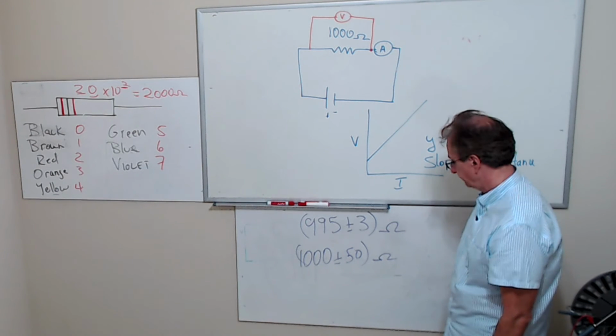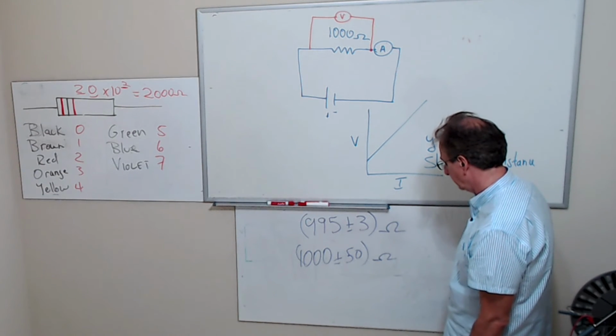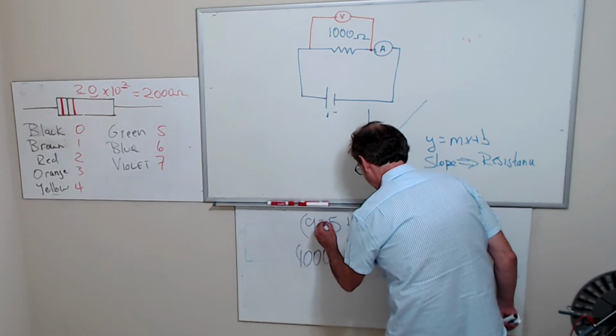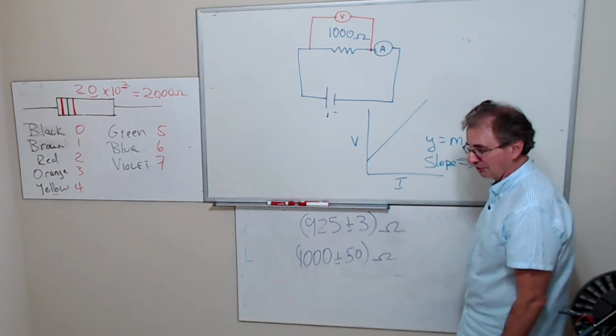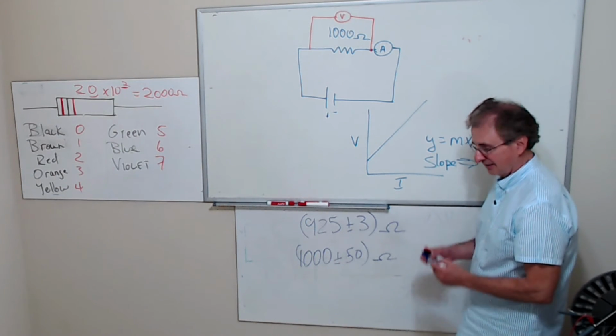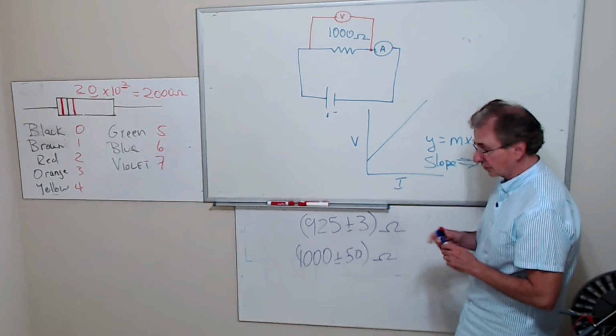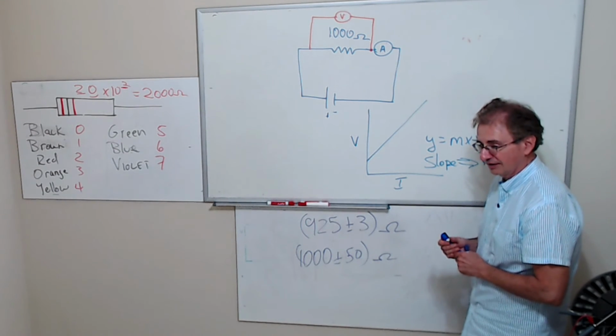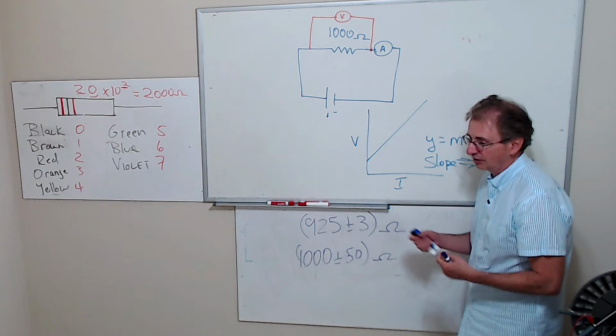Of course, if it didn't, then these wouldn't agree, right? Of course, you're going to compare this to what you measure with the meter too, and you're going to get good results.